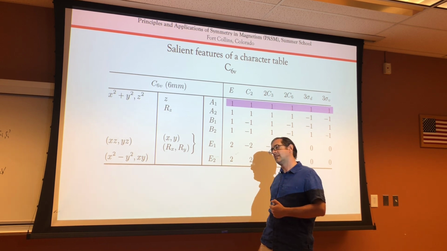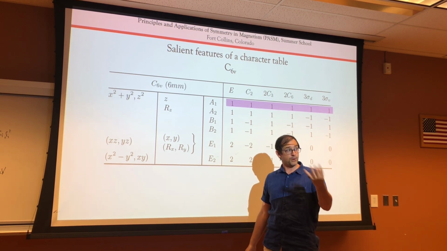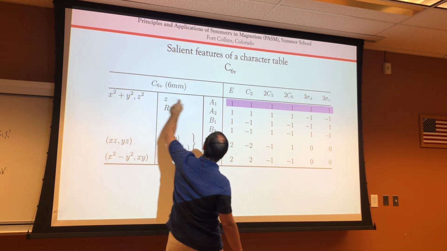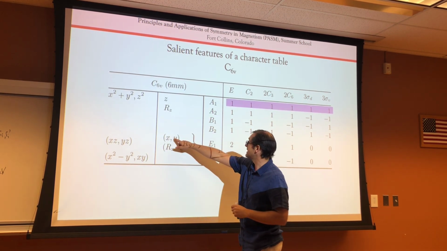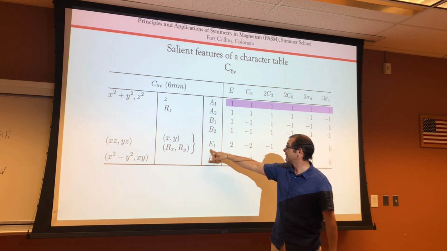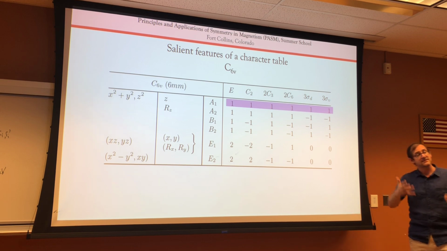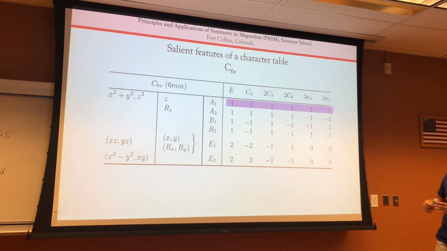A current is a polar vector. So in this case, the z component of the current should fall into A1, and the xy component of your current should fall into E1. That's how we're going to build up response functions.